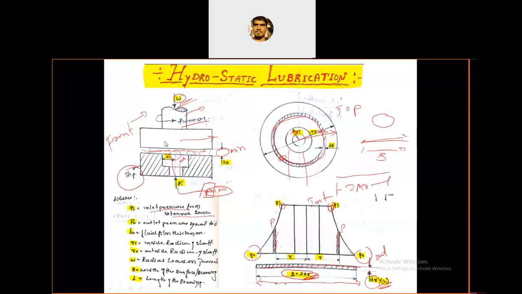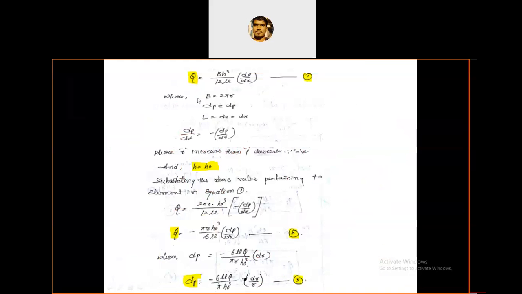This is one plate, this is another plate. The flow is between two parallel plates. Here there is no circular capillary tube. If there is any tube, then it is a flow in the capillary tube. But here there are two plates, that's why we have to consider this equation. This equation is called the flow in the parallel plates.